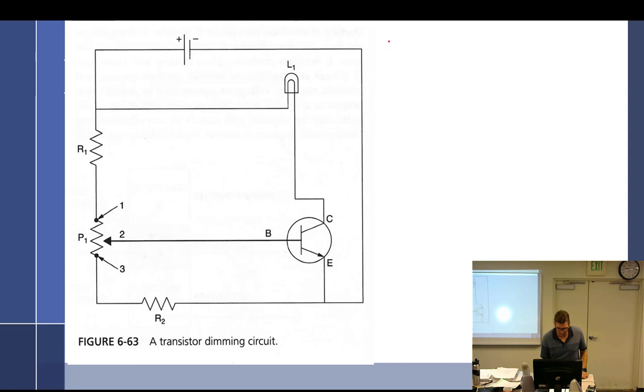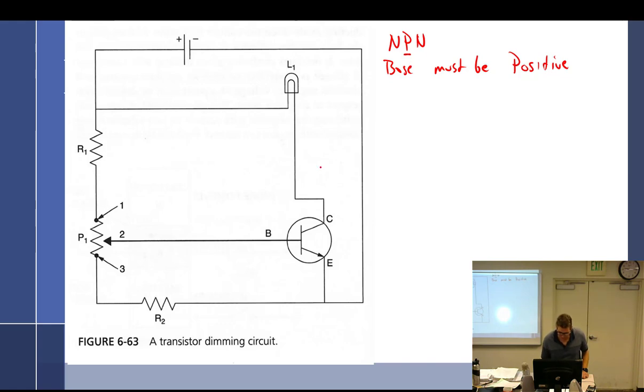So this is an NPN. I just told you, but I mumbled it, so maybe you didn't hear me. NPN, all right. So the base must be, to turn it on, positive. And how do you know that? Because the P's in the middle.